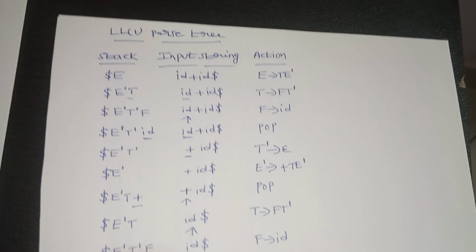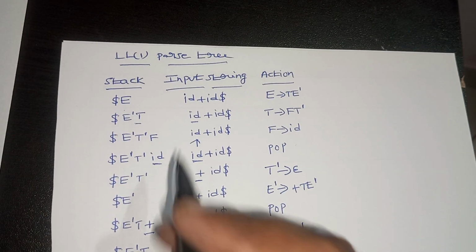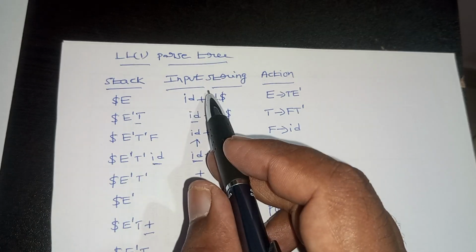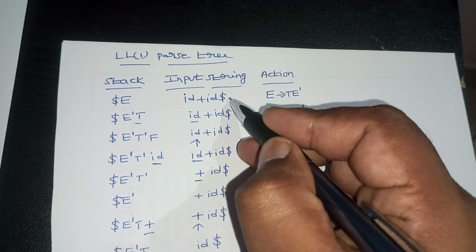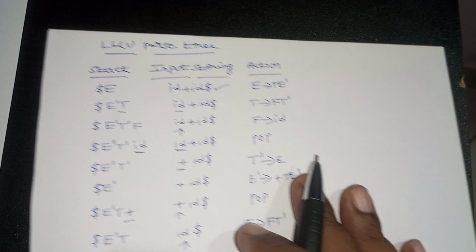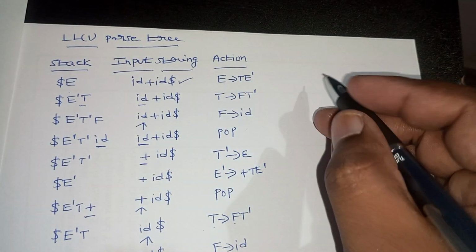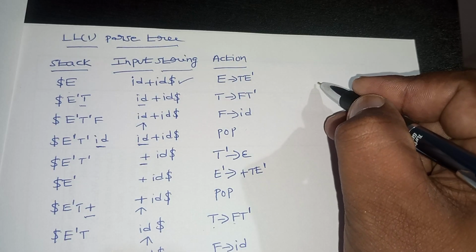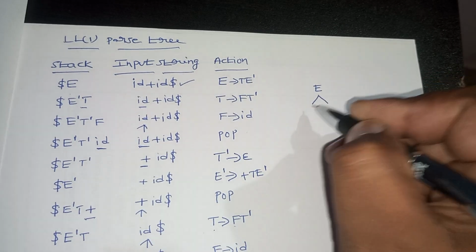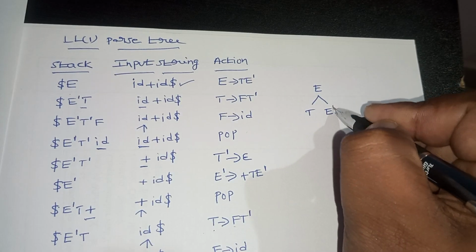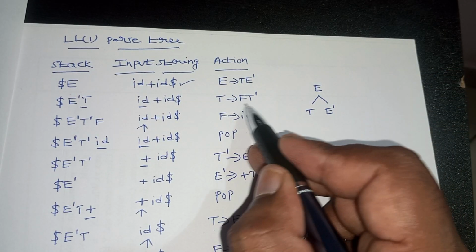So that is about the parsing table. This you have to fill, you have to take three columns: stack, input string, and then action. Now I have to construct a parse tree for this string, where I have to start from e. So e tends to t e dash. In the place of t, what do you write?